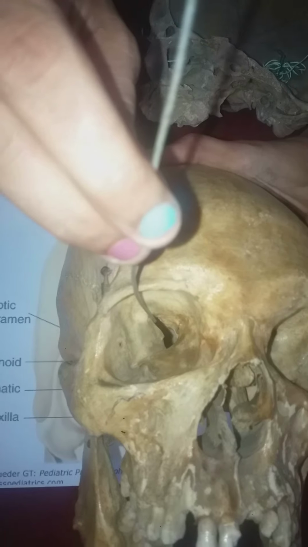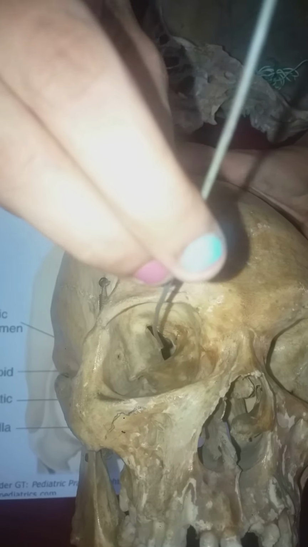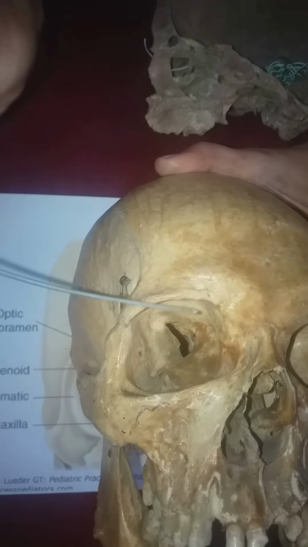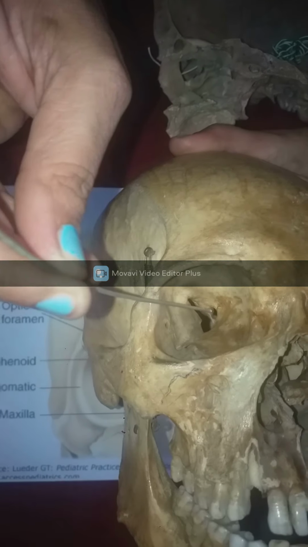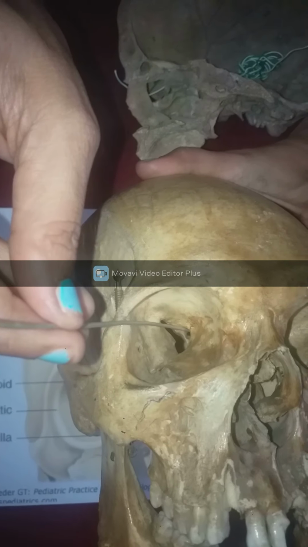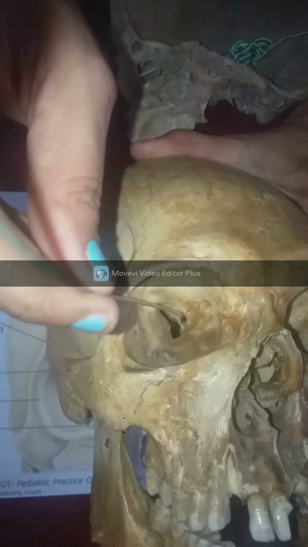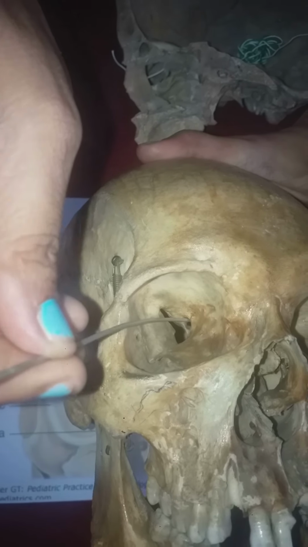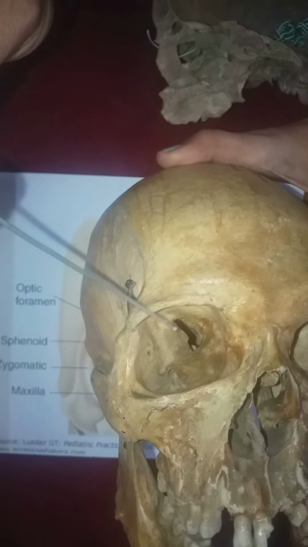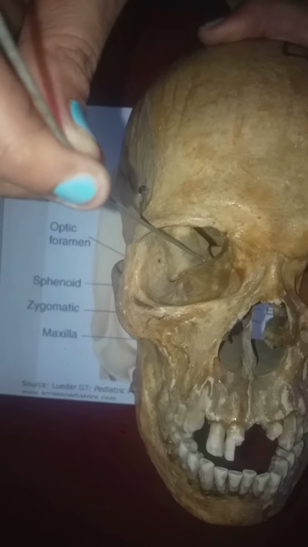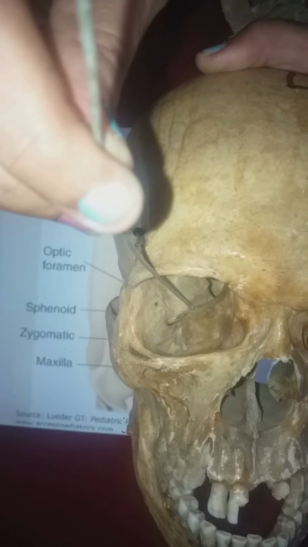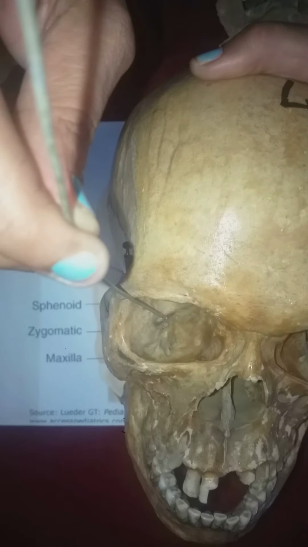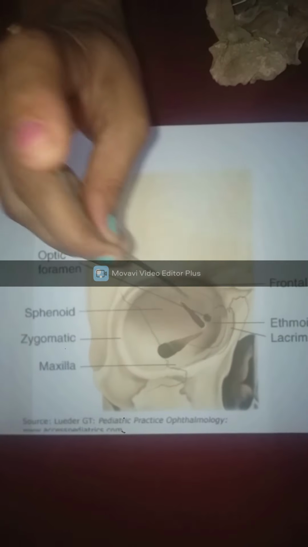Just up on the upper part of the medial broad end of the superior orbital fissure, there is an optic canal. Okay, optic canal. And now this is the inferior orbital fissure. Okay, this is the same picture.